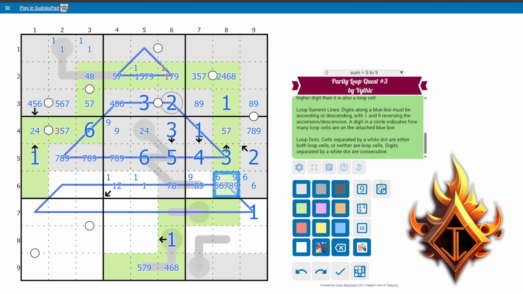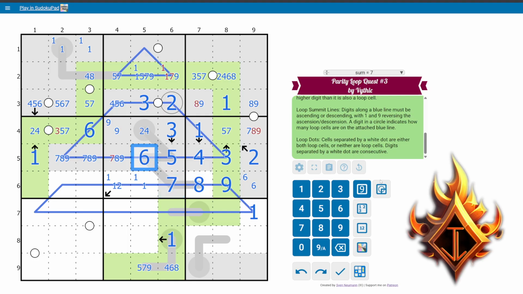And now we know also that this is odd and that this is the last place possible for 9 to be. So this becomes 8, that becomes 7, that'll be 8 or 9. This one will be 8 or 9 as well.